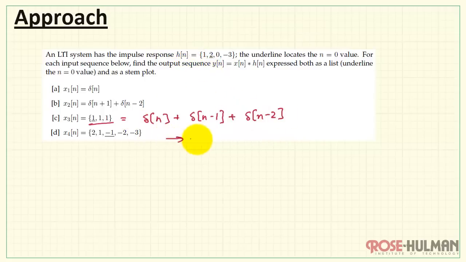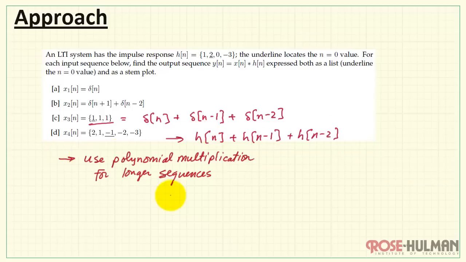Each delta function produces a shifted copy of the impulse response. And we'll find out that polynomial multiplication works nicely for a way to interpret this calculation.